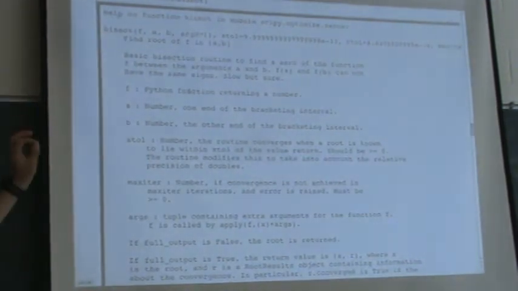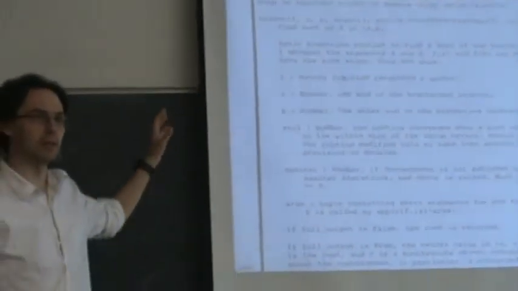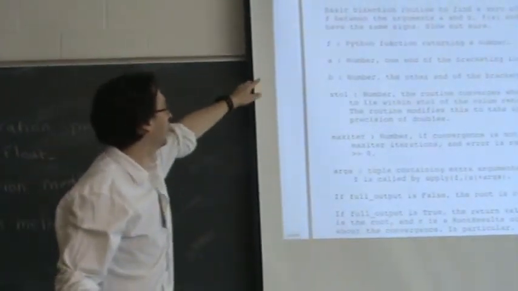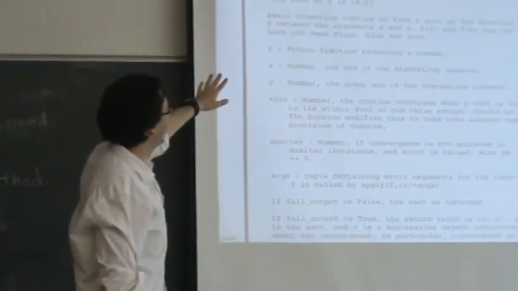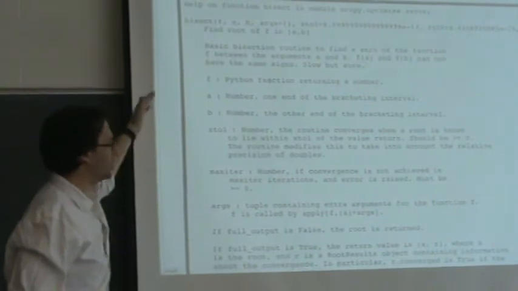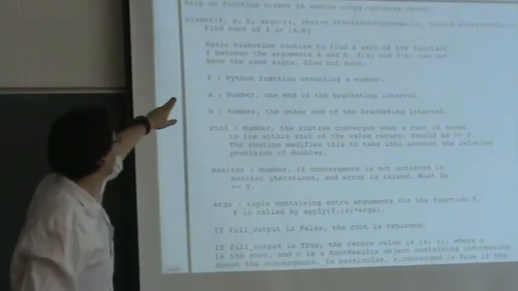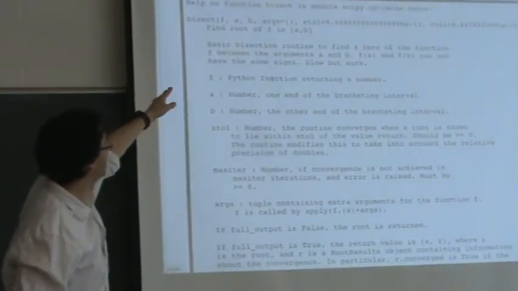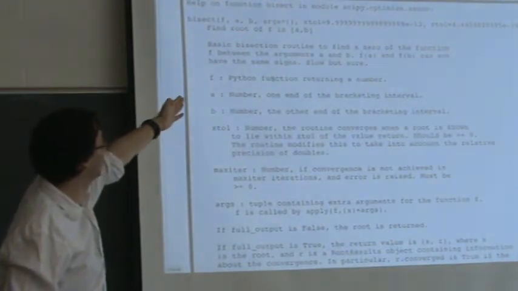So this is a function bisect, which is in scipy.optimize, where scipy.optimize has a lot of different things in it. And this is an implementation done by people who have thought through some of the issues. It takes as input a function, something that's callable, an a and a b.